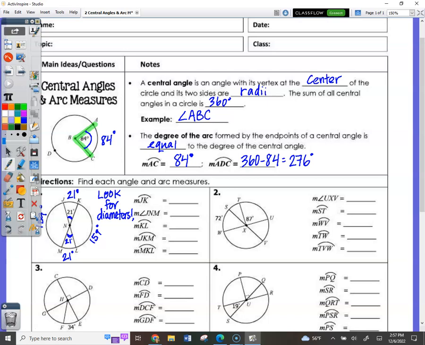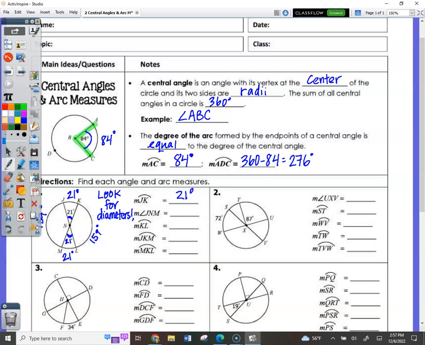Now we can answer these questions. Here we go. J to K. That's two letters, which means go the short route. So J to K is 21. If it's an arc, that means stay on the edge of the circle. If it's an angle, that means you're going somewhere in the circle.